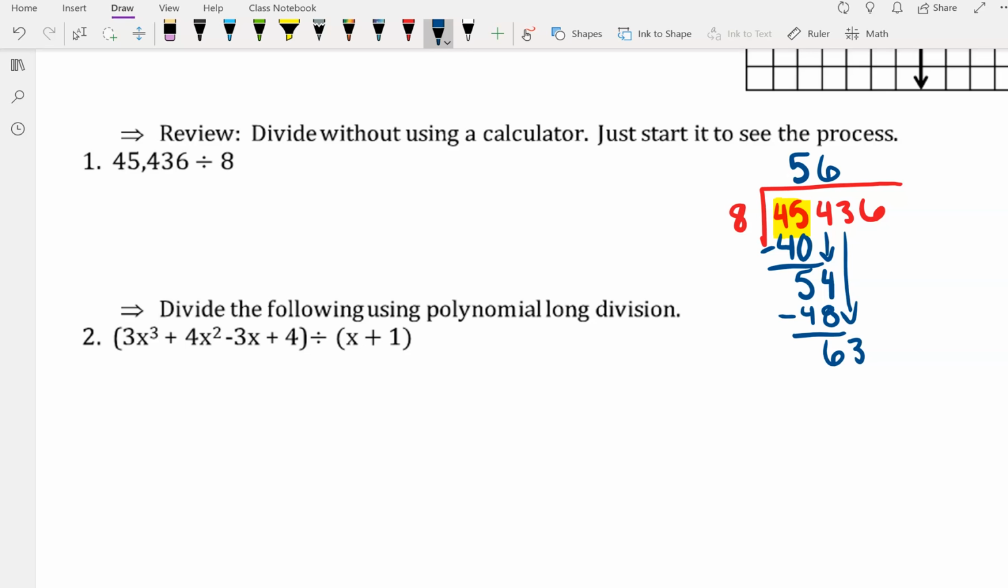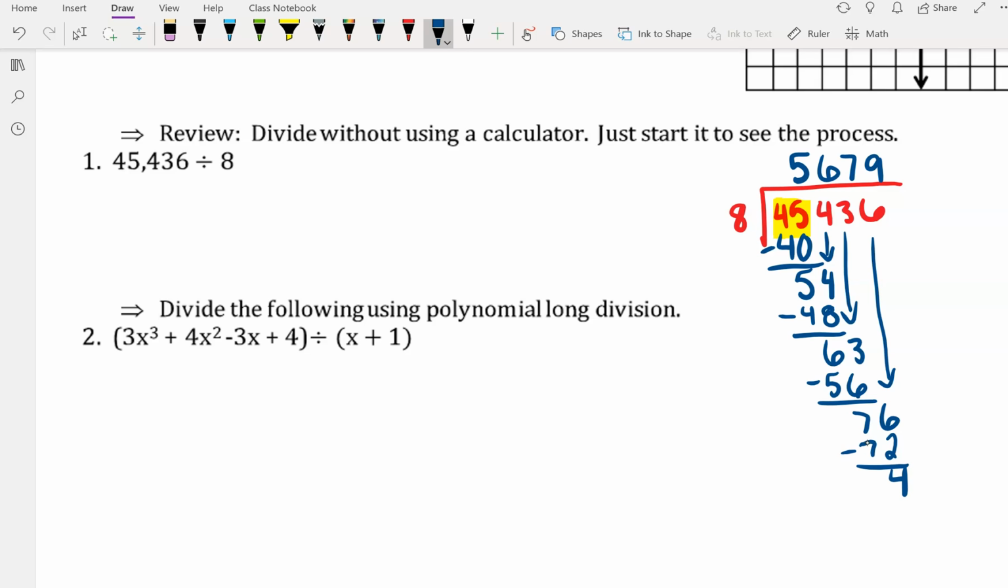How many times does 8 go into 63? That answer is going to be 7. 7 times 8 is 56. Subtract that and we get 7. Bring the 6 down. 8 goes into 76 9 times. And then I subtract those.